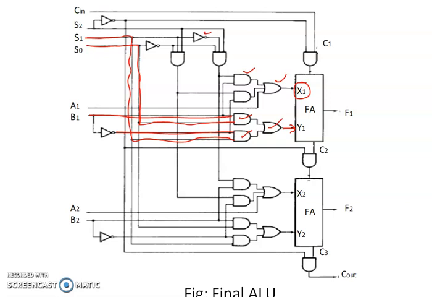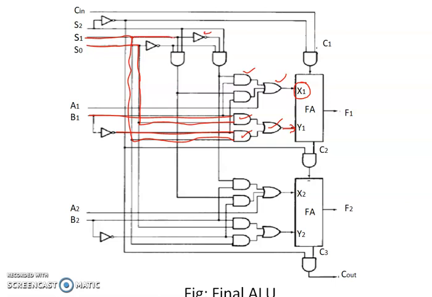So Xi and Yi are making use of S1 and S0. They are sharing the selection inputs S0 and S1. In order to connect between those two, you can take the inputs from here, that is S1 and S0.